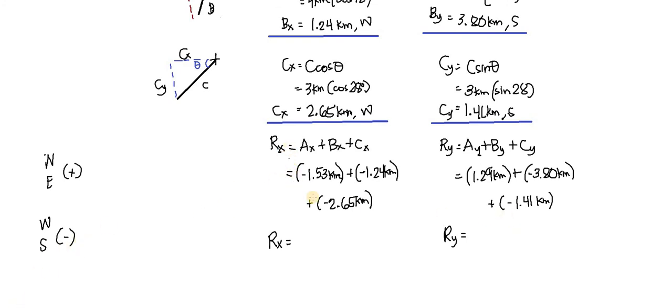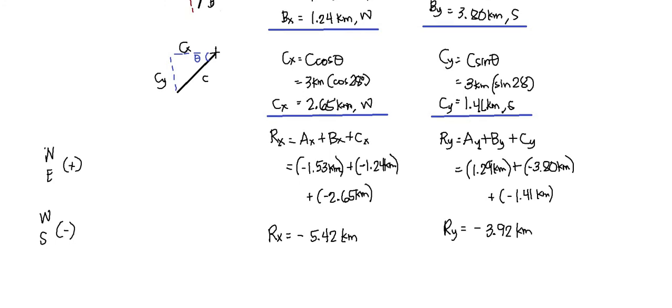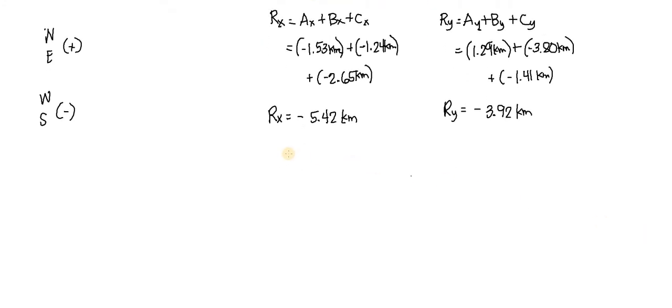Okay, add using your calculator. That's negative 1.53 plus negative 1.24 and so on. The answer will be negative 5.42 kilometers. And for your r sub y, the answer will be negative 3.92 kilometers. Okay, we can write the direction.